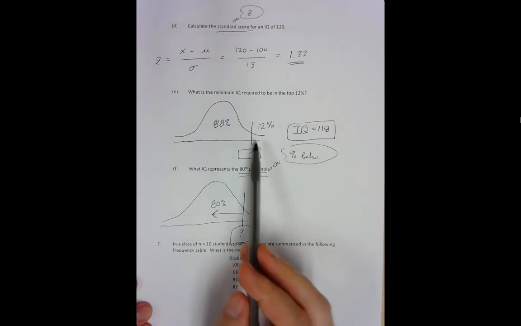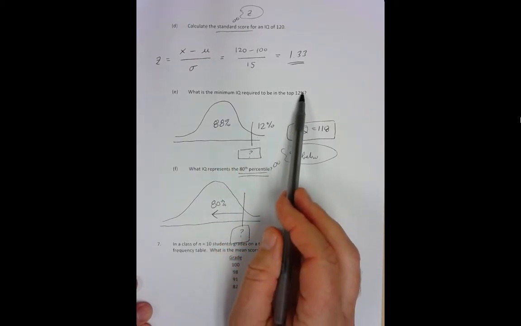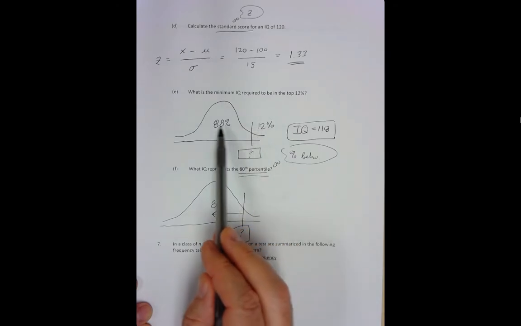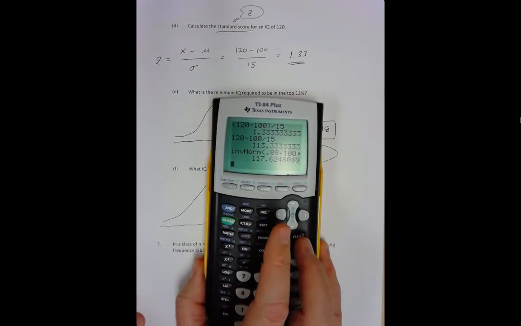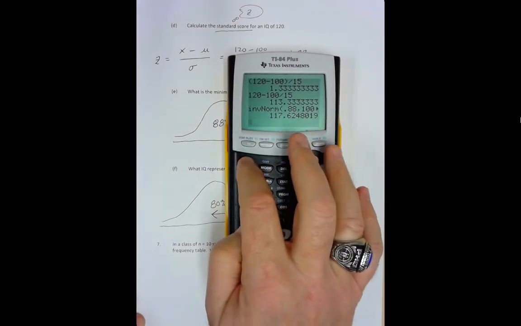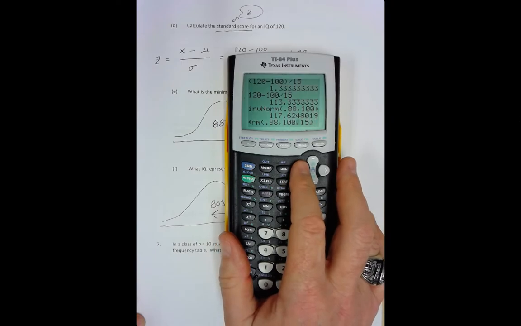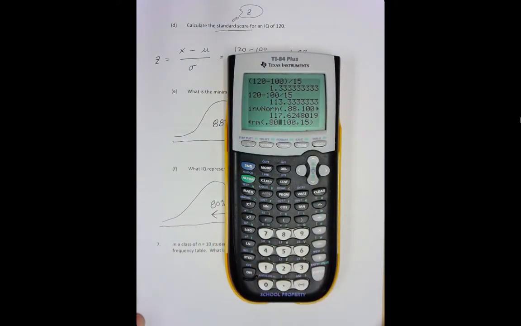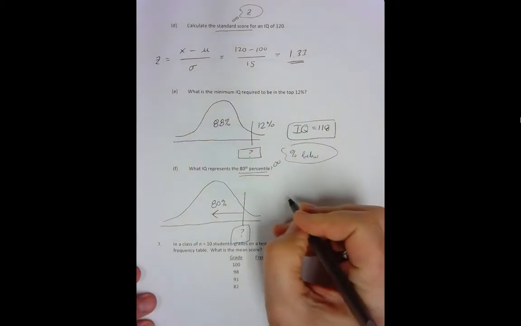I don't have to do anything like I did up here in terms of creating a new number. 12 was given, and I had to create the 88 because that's the way the calculator requires the entry to be. I don't need to create anything because I've got percent below. So I'm going to go second function entry, and all I need to do is change that from 0.88 to 0.80. So I get 113.